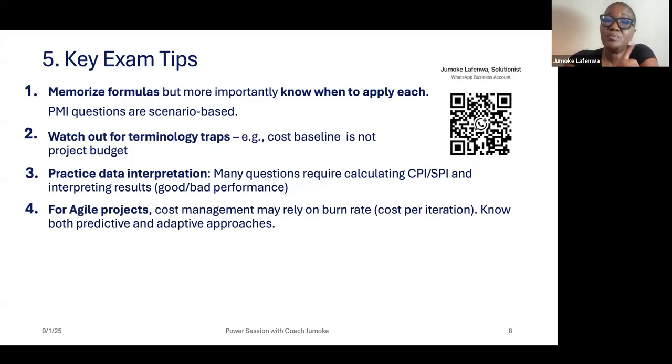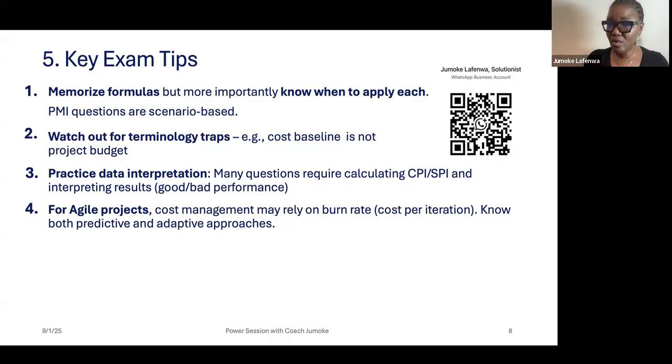Four, for agile projects, cost management may rely on burn rate. By now you should know what burn down means and what burn up means. So that's the burn rate. Know what predictive and adaptive approaches are. Know that planning, WBS, work packages, and activities fall under predictive.